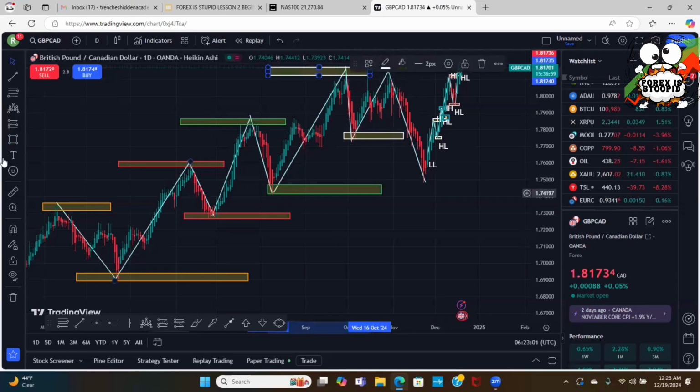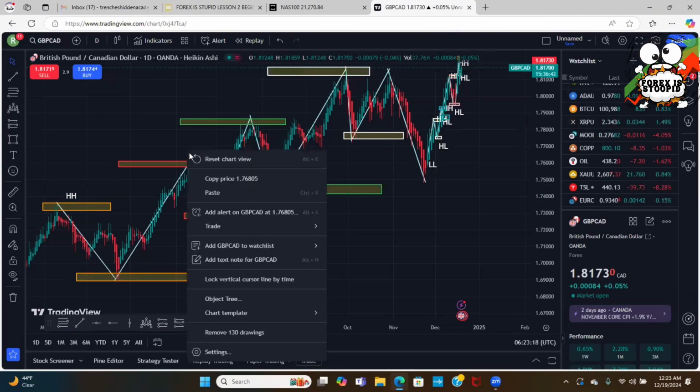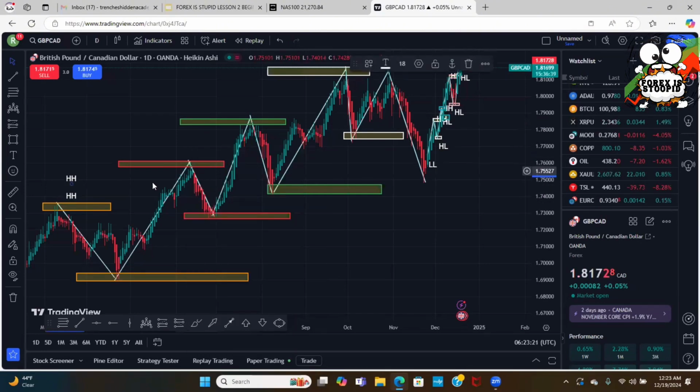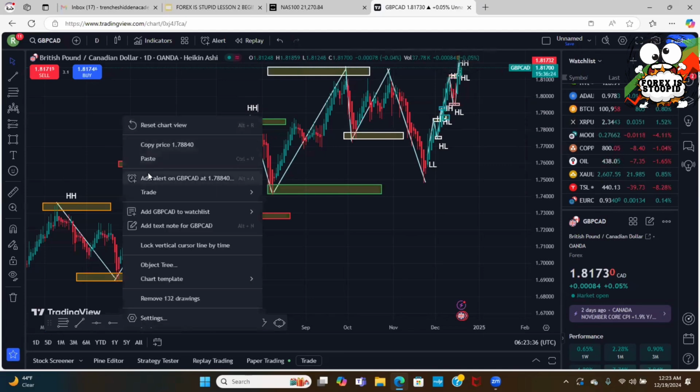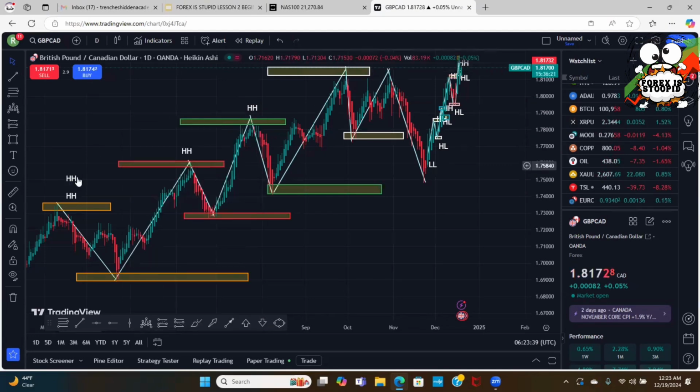So let's do it. It's the high, followed by a high, followed by another high, and then you have that final higher high right there.